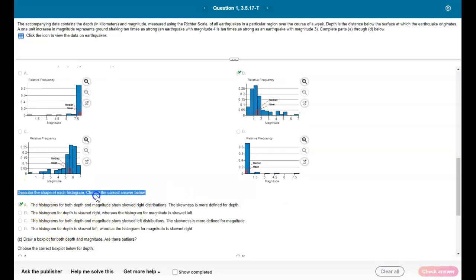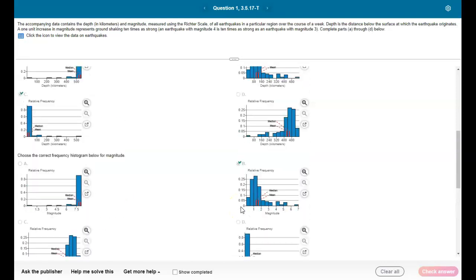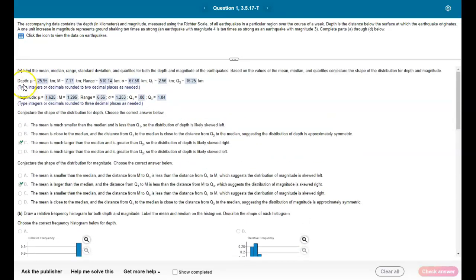We're asked to describe the shape of each histogram. Both are skewed right, but the skewedness was more defined for depth. Again, if I go back and I look at some of these numbers, the large range, the Q3 compared with the mean. Remember we talked, that was part of the choice that we picked up here earlier, how the mean was even greater than Q3.